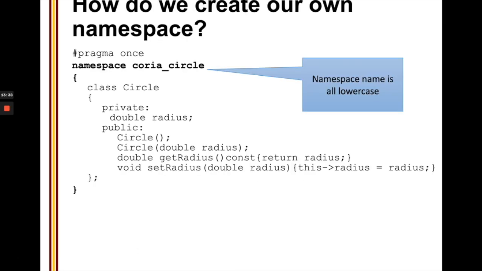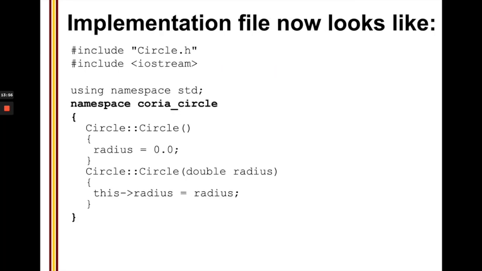So how do we create our own namespace? In your header file under your pragma once, surround the normal class declaration with namespace, a space, and then the name of your namespace. Then you add braces. What about the implementation? Go ahead and wrap up the entire implementation in a namespace.